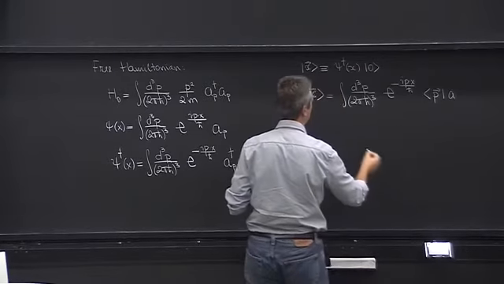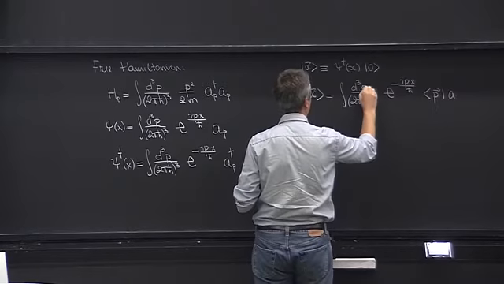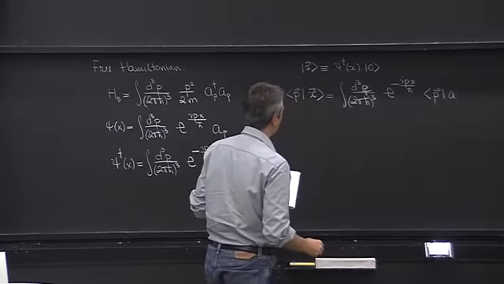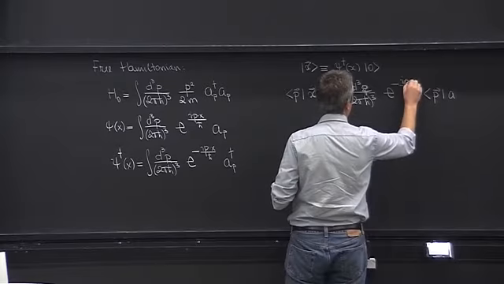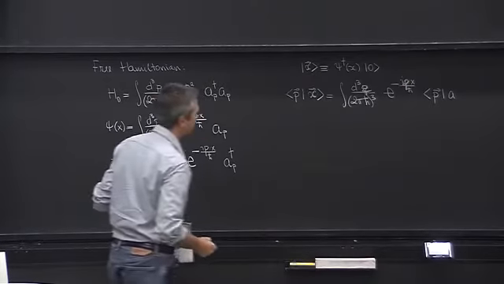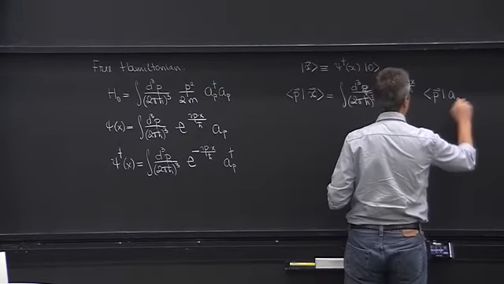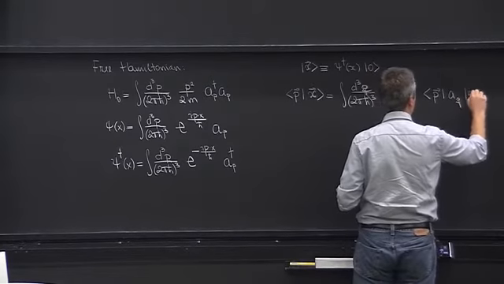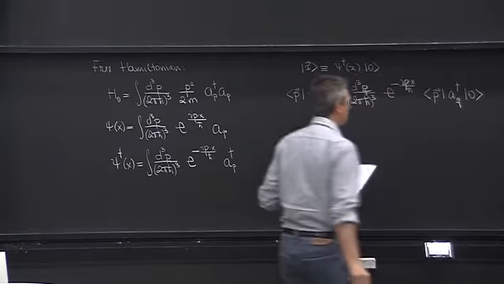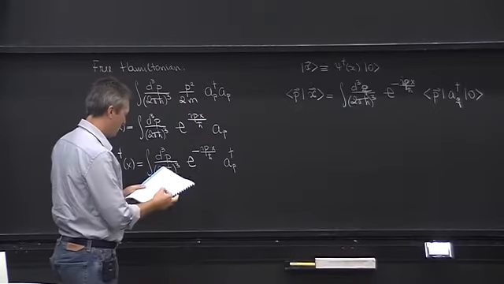I see that there are too many objects denoted by the same letter, so let's denote the integration variable by q. Then we have a_q acting on the empty state.